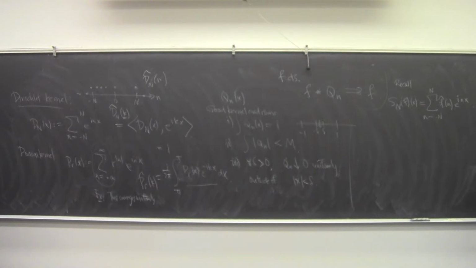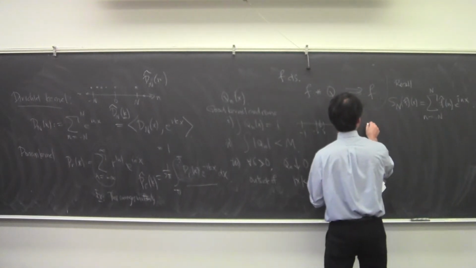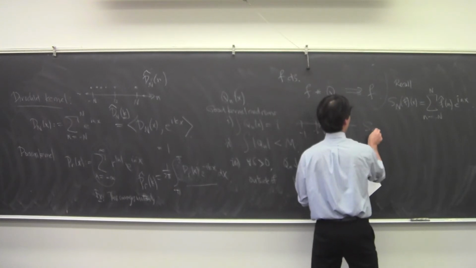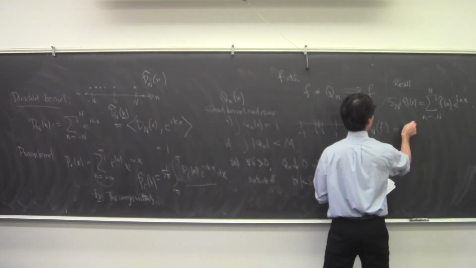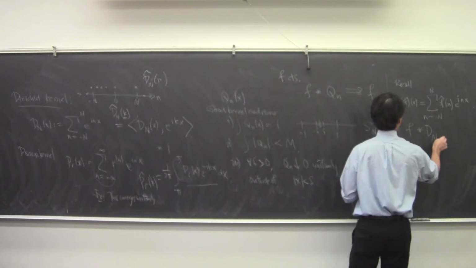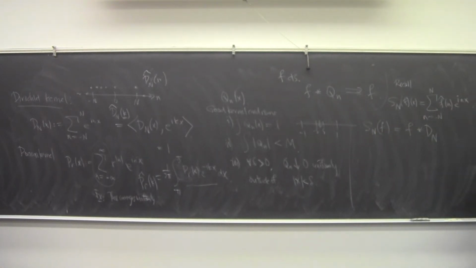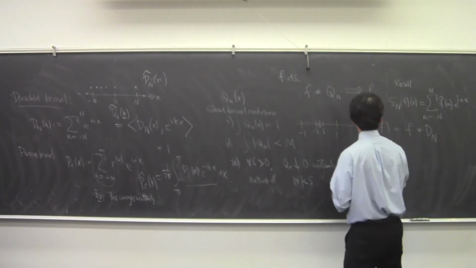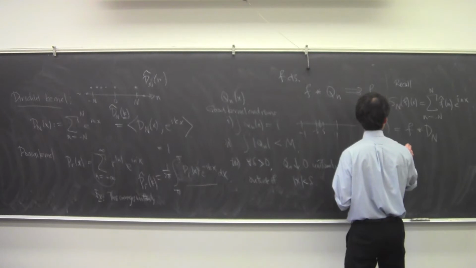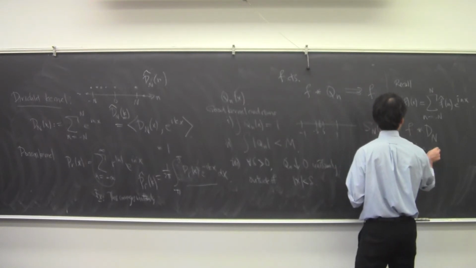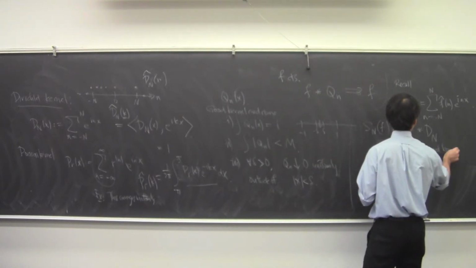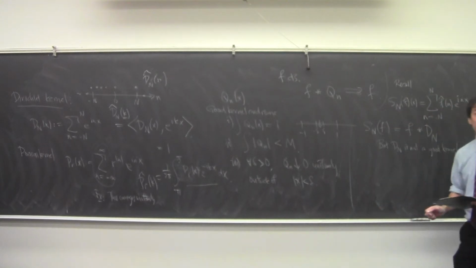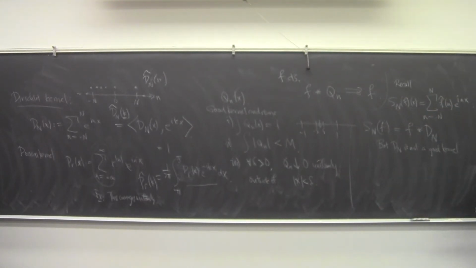These were the partial sums. It turns out that S_n f is the same thing as the convolution of f with D_n. But D_n is not a good kernel.